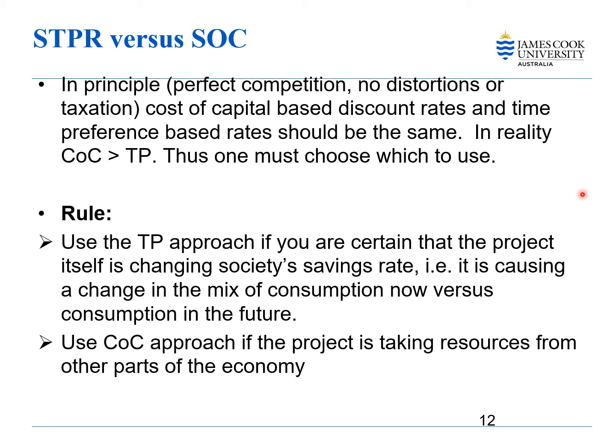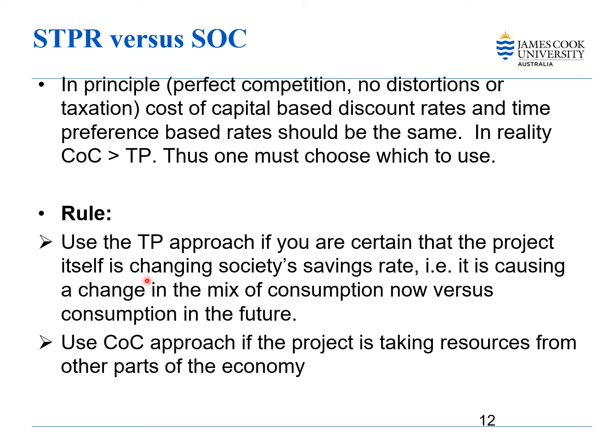In principle, with perfect competition, no distortions, no taxation, the cost of capital based discount rate and the time preference based discount rate should be the same, as we see in the graphs previously. In reality, cost of capital is higher than the time preference rate. Thus, in reality, we need to choose one to use.